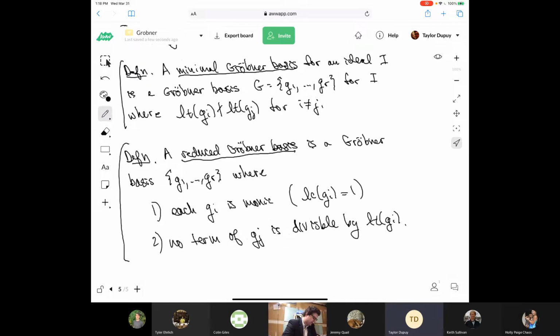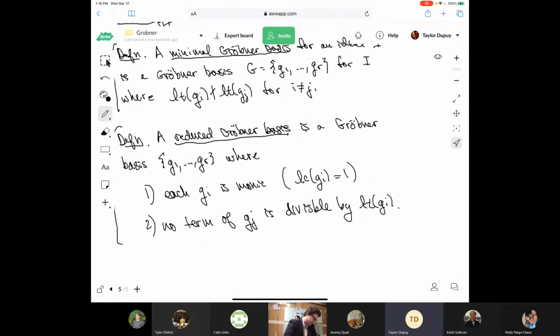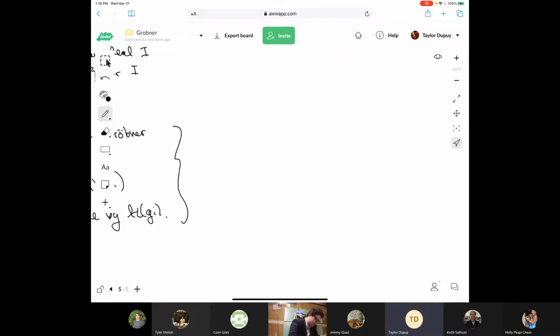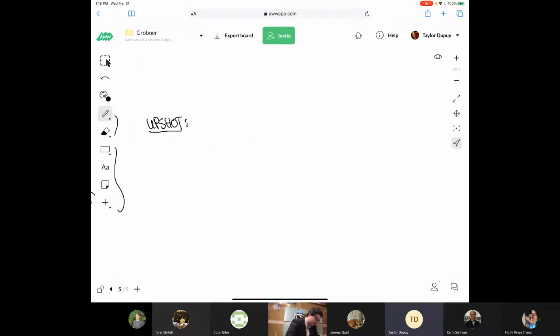Okay, so how do you get a minimal Groebner basis? Let me just say something about the reduced Groebner bases. The upshot of these is that these exist. And they are unique.